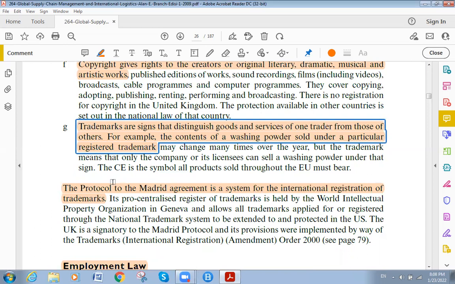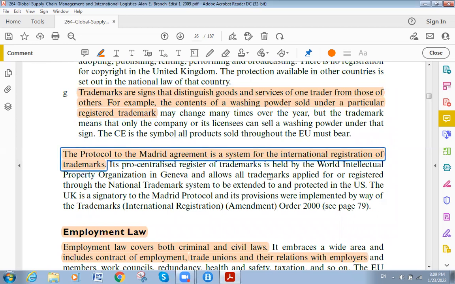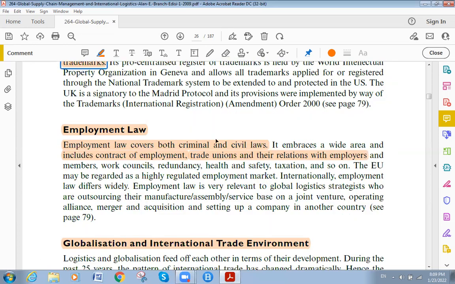All those are brand marks, and all those are trademarks registered for their owner. And if you imitate it, this will cause a big problem. The protocol to the Madrid Agreement is a system for the international registration of trademarks.